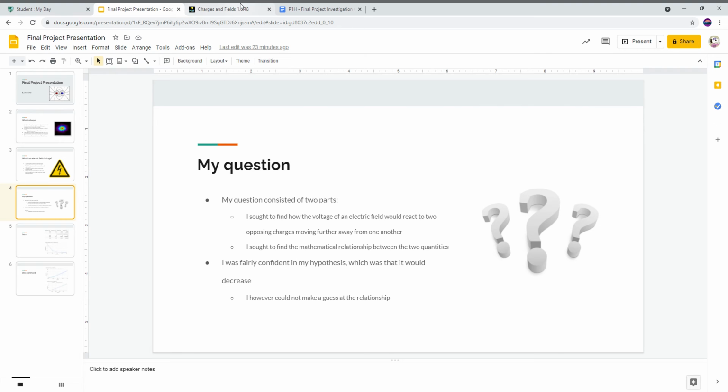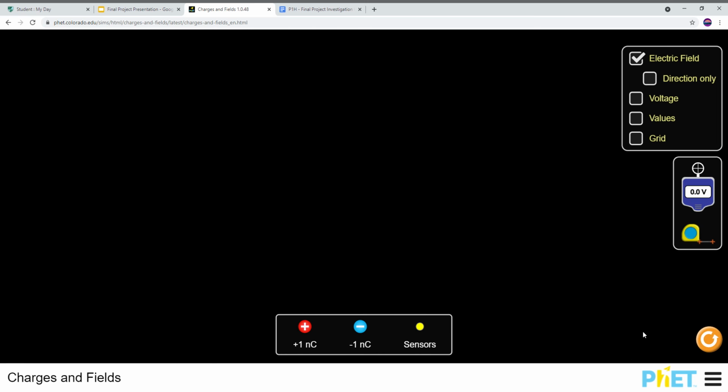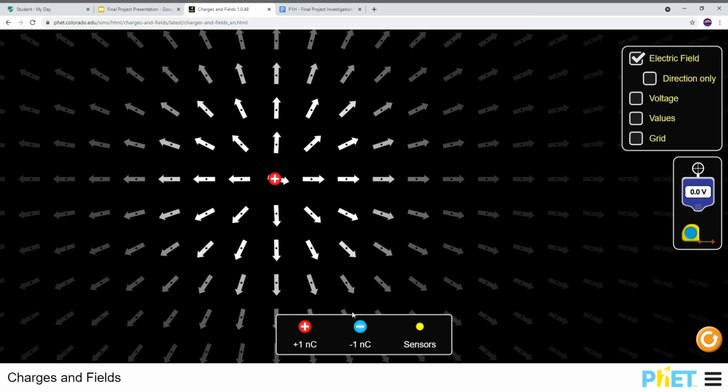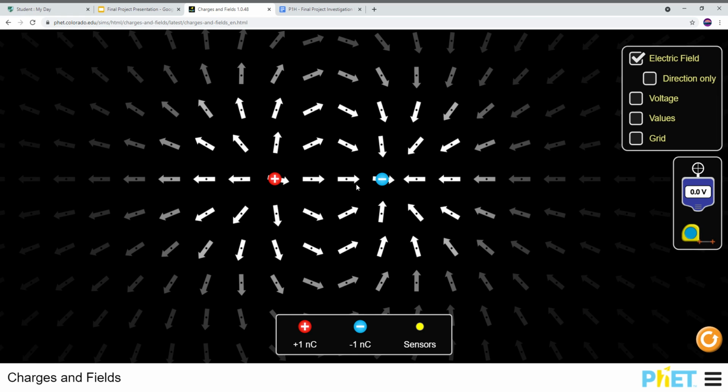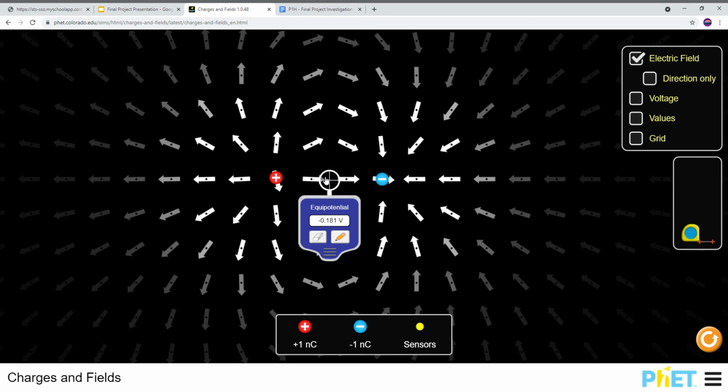The way I set up my experiment, let me refresh this, I would place two opposing charges some distance away. It was 50 centimeters in my trials, but I'm not going to measure it out here because that'd take too long. I would measure the voltage in the center, which I would also do more exactly with the measuring tool, but I'm not going to do that here for time's sake.